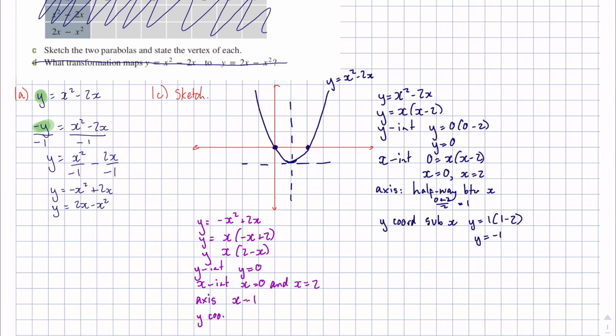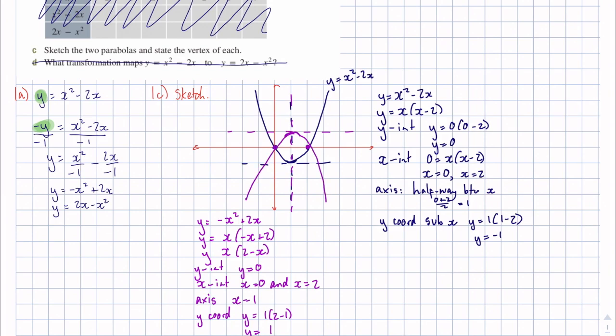Y-coordinate, y equals 1, 2 take 1, so y equals positive 1 this time. So I'm crossing over here, here my axis of symmetry is here, but now the y-coordinate of it is here, so a sad face.